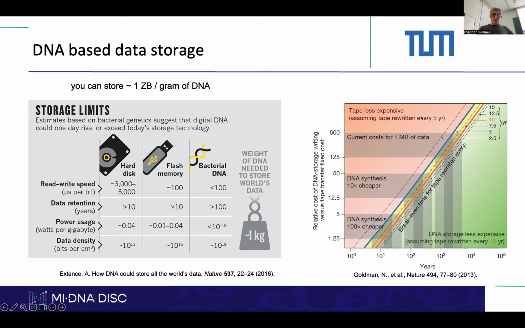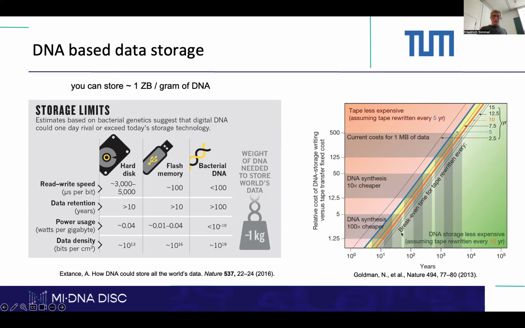So if you go to any point in this graph, you would need to reduce the cost of DNA data storage along the vertical line here in order to make DNA economically more attractive than tape recording. And this is how long that would take you until you get to that point. So if in 100 years or so you really reduce that cost, you could make it more attractive.